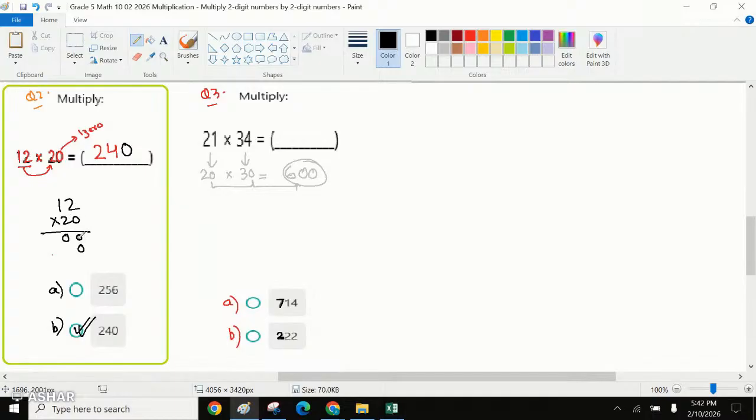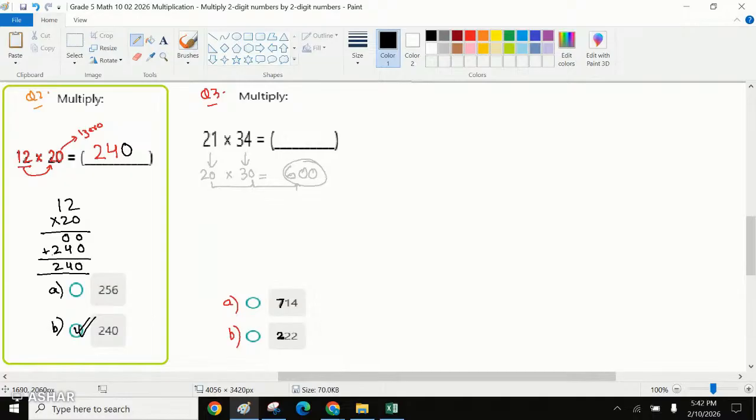We put a 0. 2 multiplied by 1 is 2. When we add them, 240, right? Yes, perfect. Question number 3 is part A.